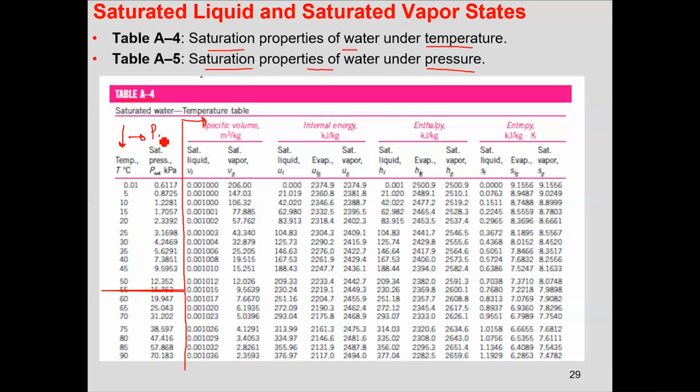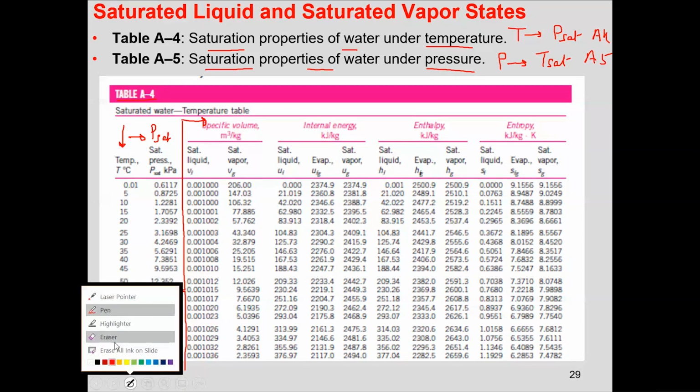So if you have been given the value of temperature and you want to find the saturation pressure, you will go to table A4. In table A5, the first column is pressure and the second column is T saturation. So if you want to find the saturation temperature for a specific pressure, you will go to table A5. Clear so far?